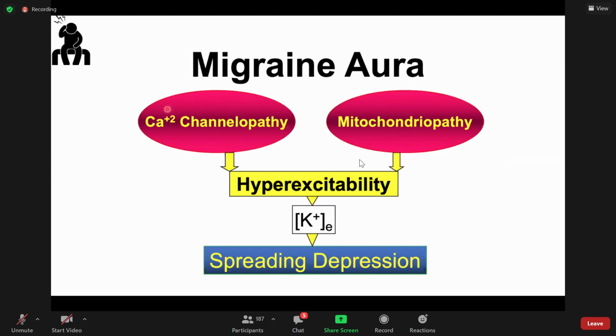Some theories say that it is a calcium channelopathy, and some theories say it's the mitochondria malfunctioning. Both lead to hyperexcitability and efflux of potassium, and then lead to what we call spreading depression.